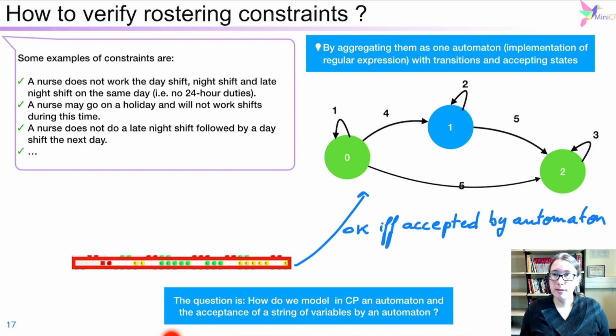The sequence is accepted by the automaton only if, after reading all the sequence and passing through all the transitions, we end up in one of these two accepting states. So in our case, well, we read, maybe we go there, and then there, another transition, and so on.